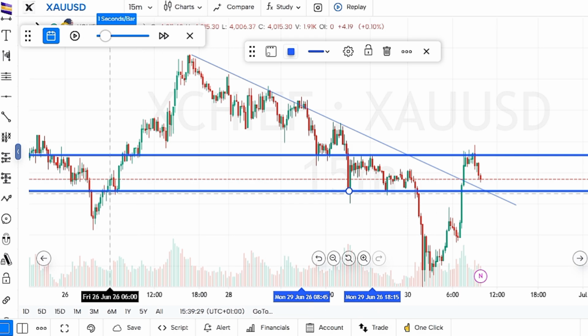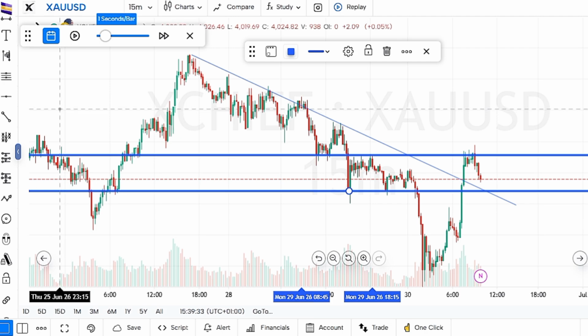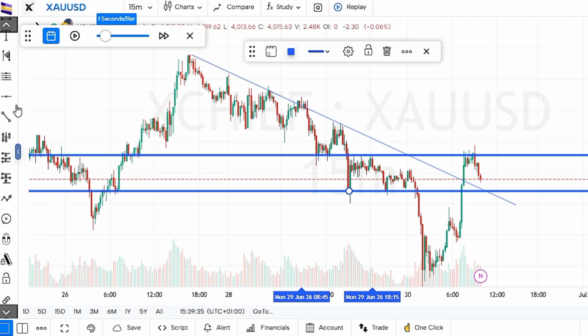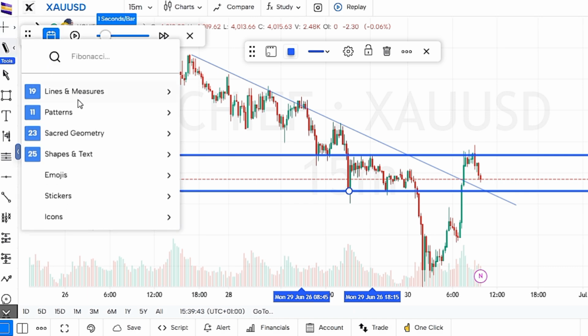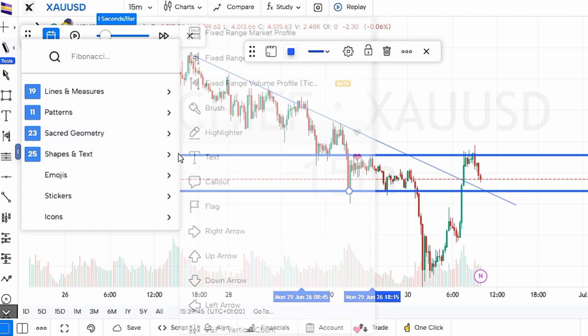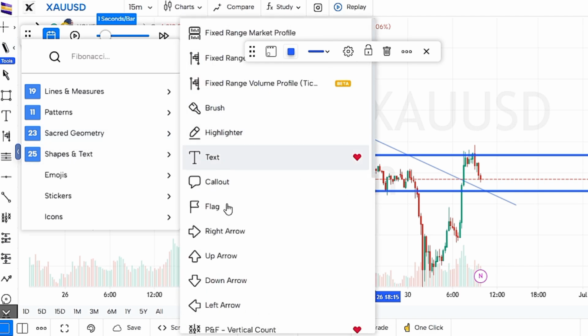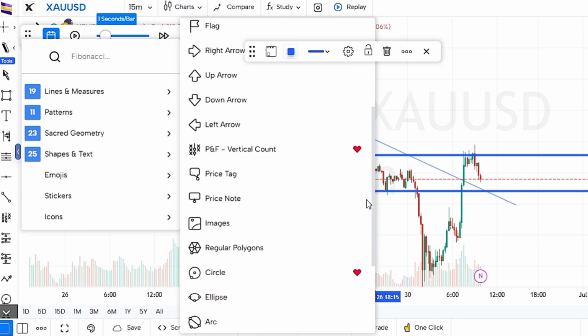Let me highlight it real quick so you can understand vividly what price did by using this particular zone, very importantly. Let me just look for something much more simple. I can use this ellipse, or let me use this circle.